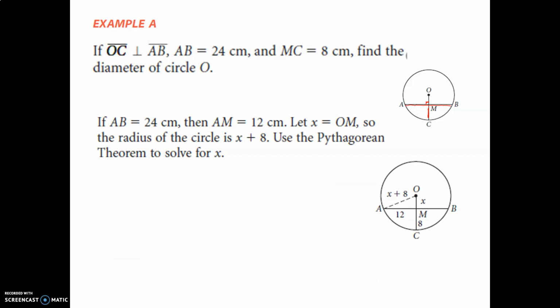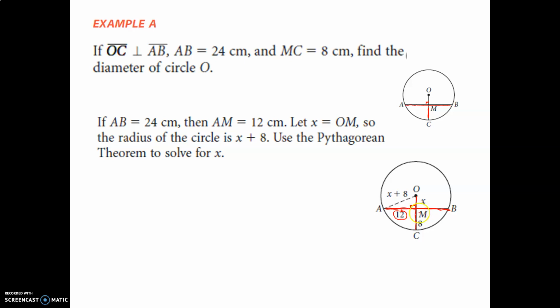Okay, so here they say, if AB is 24 across here, then halfway across from A to M is going to be 12. So that's how they get the 12. This is a chord in the circle, and this is a radius drawn in there, so that creates a 90-degree angle.